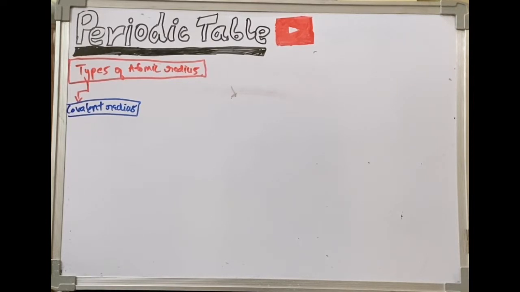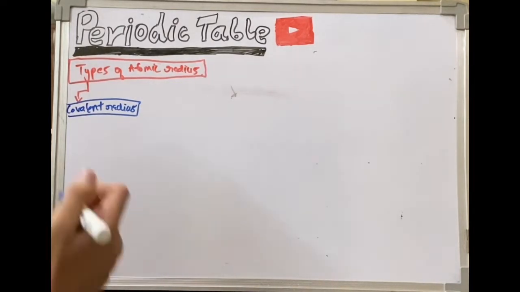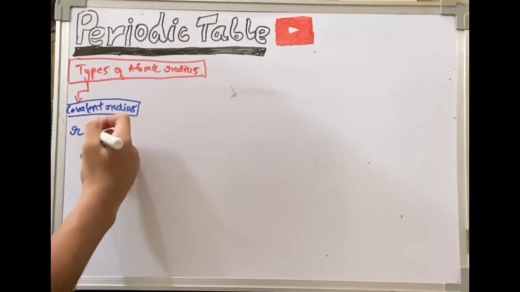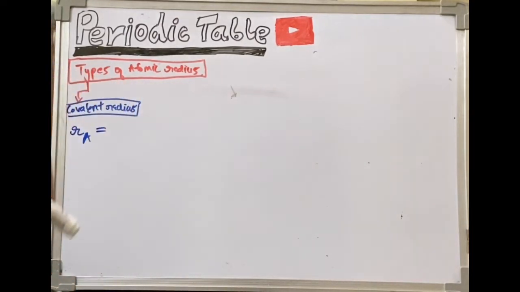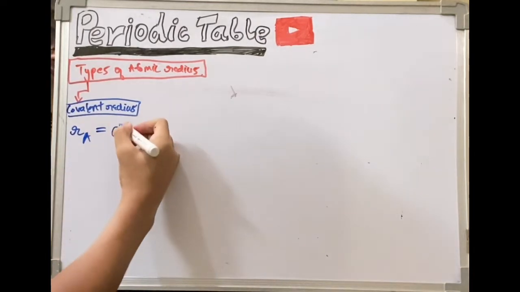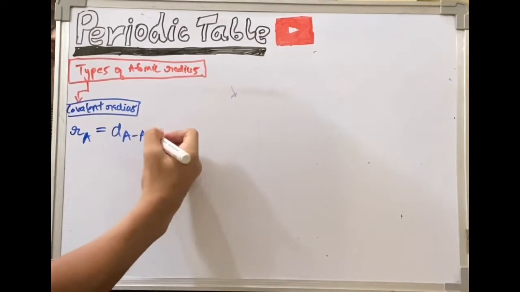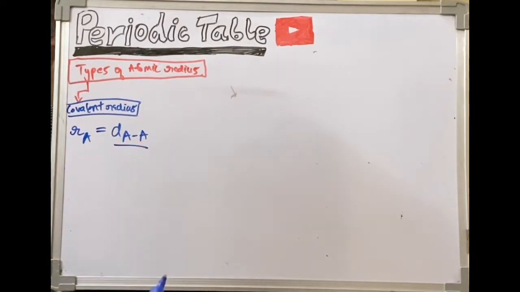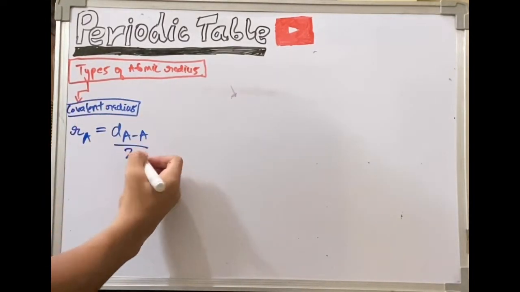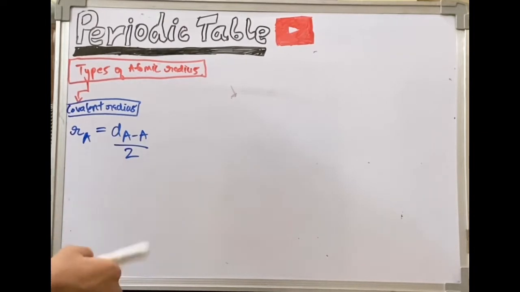So hence we can say that covalent radius of element A is equal to the distance between the nucleus of A to the nucleus of A, the same atom it is, divided by 2. Okay, so we can say that.